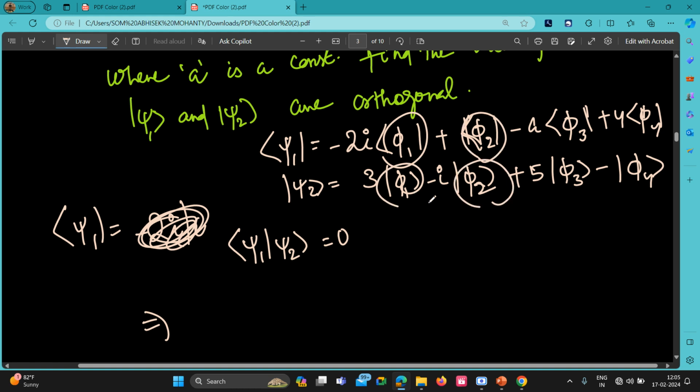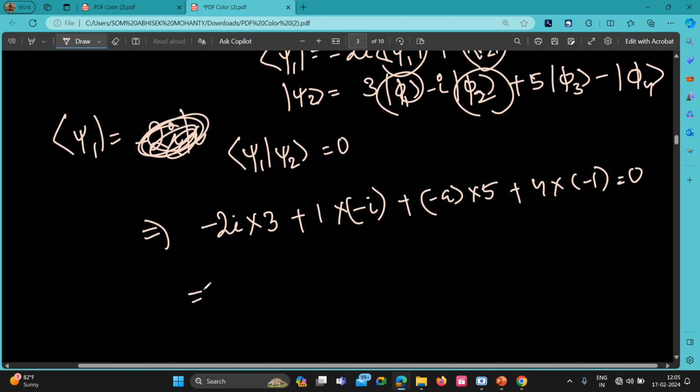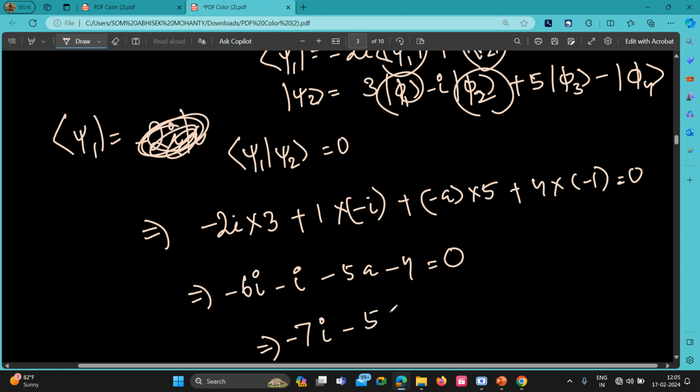So minus 2i into 3 plus 1 into minus i plus minus a into 5 plus 4 into minus 1 is equal to 0. So minus 6i minus i minus 5a minus 4 is equal to 0, minus 7i minus 5a minus 4 is equal to 0.